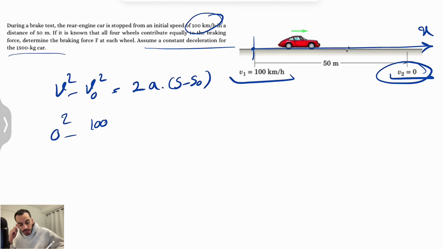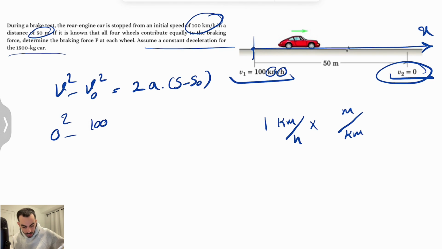If you look at it, we have kilometer per hour, and the other distances are in meters. So we can do a unit conversion, and we know 1 kilometer per hour, if you want to report it as meter per second. Let's do the unit conversion for the kilometer first. We know 1 kilometer is 1000 meters, so that way we can get rid of the kilometer.